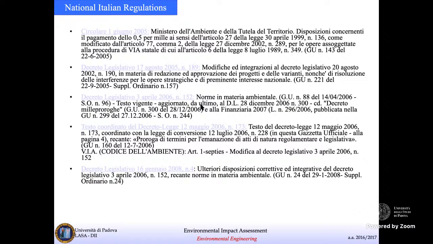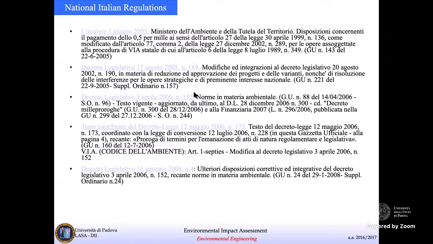But it is the law, the framework law for environmental issues. So it is the law that collects all the efforts, all the legislation on environmental protection issues in Italy, and it is called the framework law for environmental protection, very well known by the Italian students, law 152 of 2006.